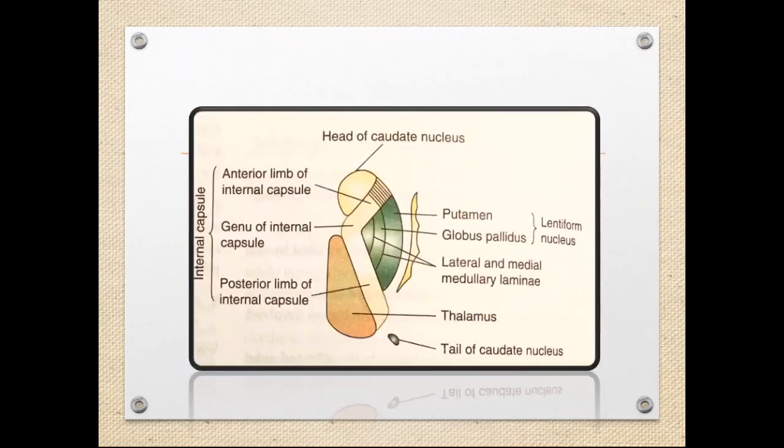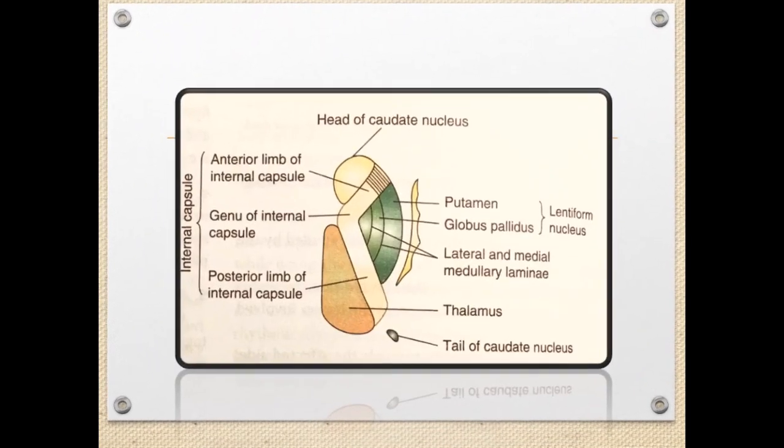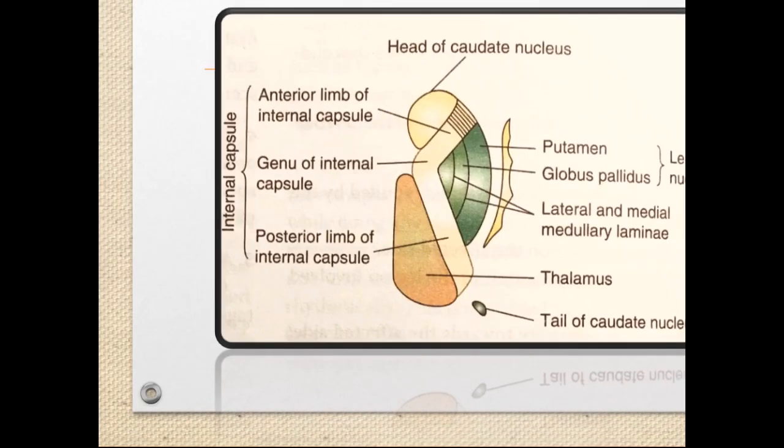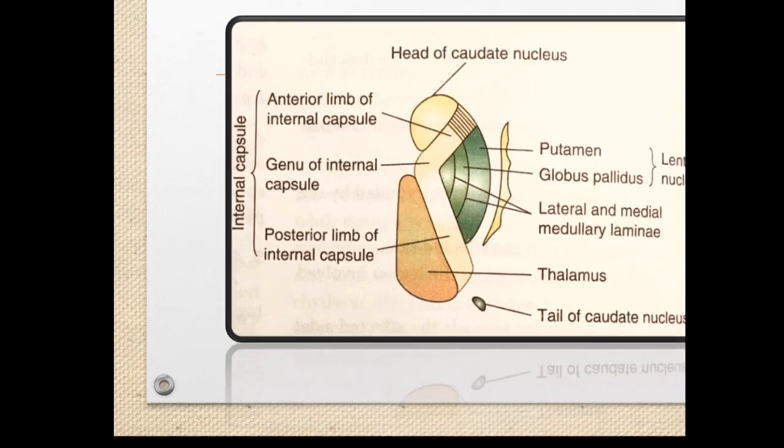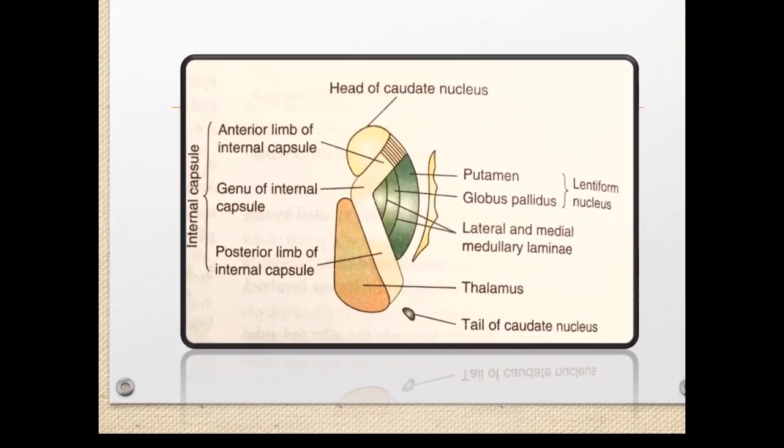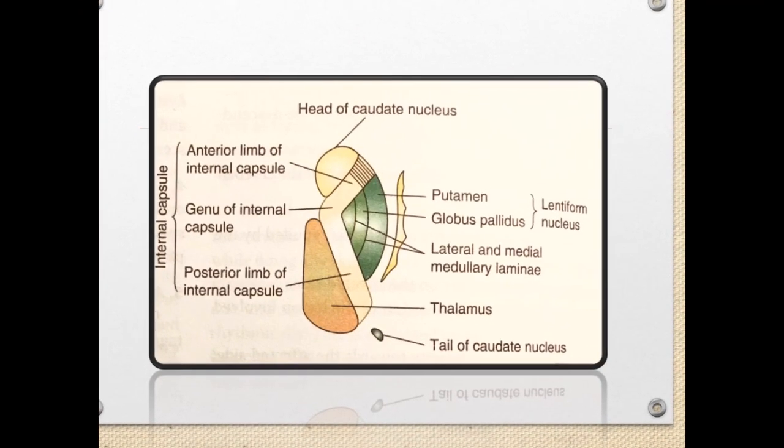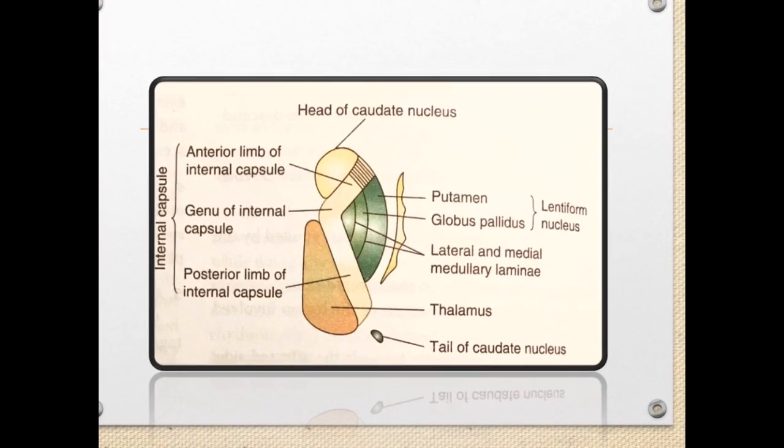Then there are a few more diagrams. If we enhance the relation of the caudate nucleus and lentiform nucleus with respect to the internal capsule, this will be the diagram. Try to practice drawing these different diagrams. It will make it easier to remember. So, draw the diagrams on rough pages.